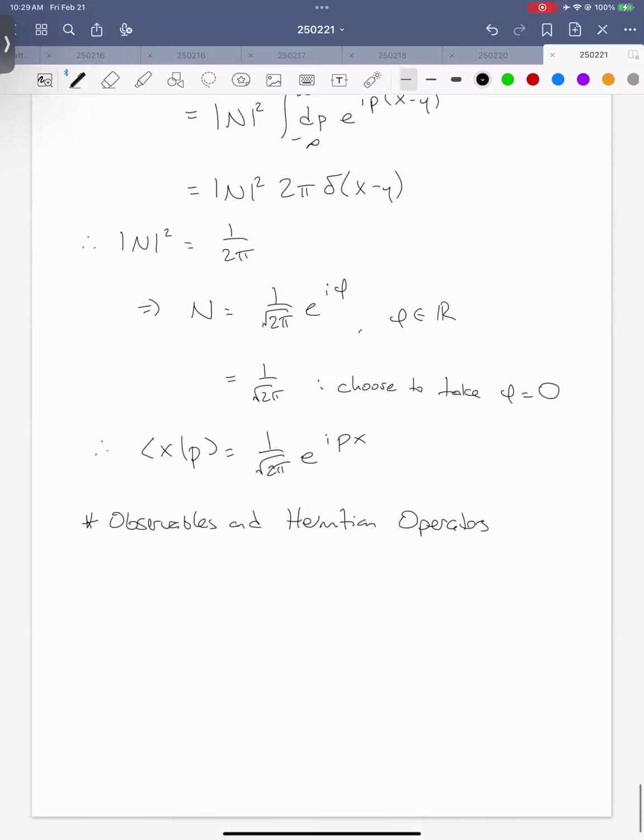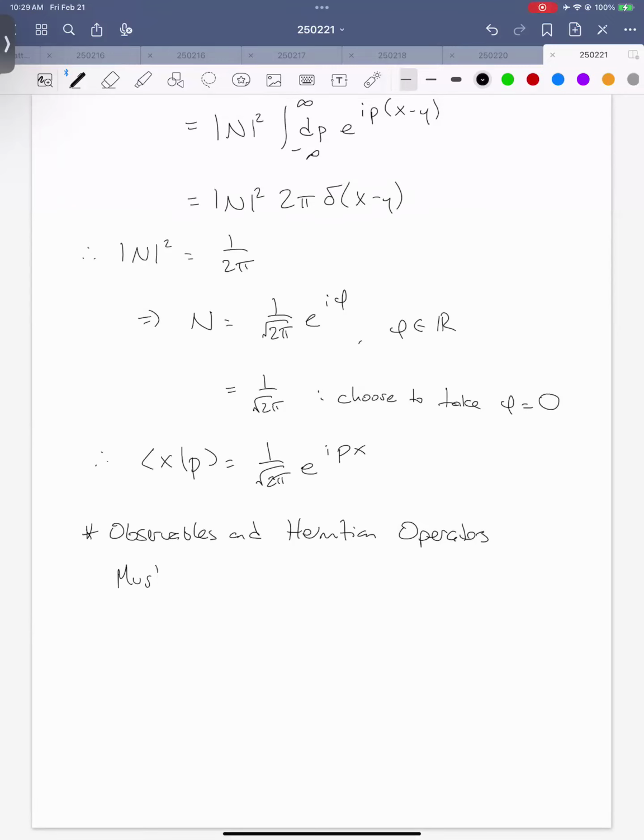So one question is, must our observables be represented by Hermitian operators?